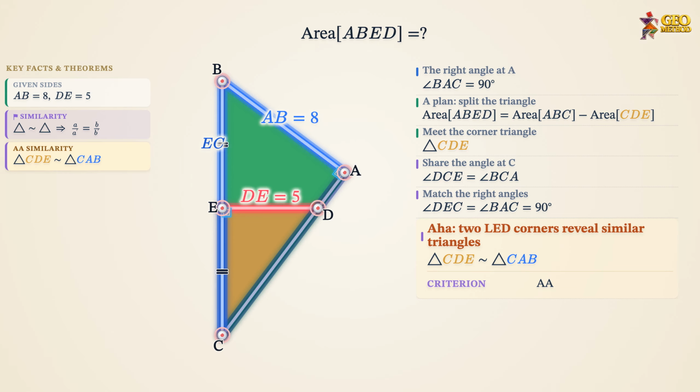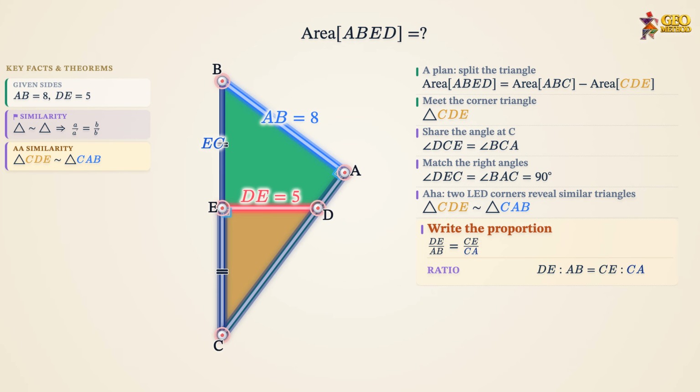Aha! Triangle CDE and triangle CAB share the angle at C, while their corners at E and A are both right angles. Two right angles and the shared angle at C force similarity, so the 5-unit segment DE corresponds directly to the 8-unit segment AB.